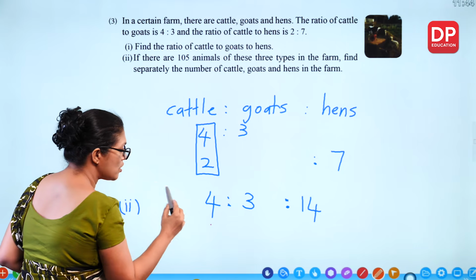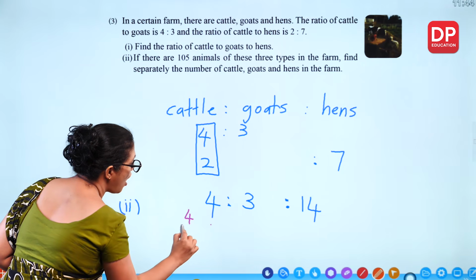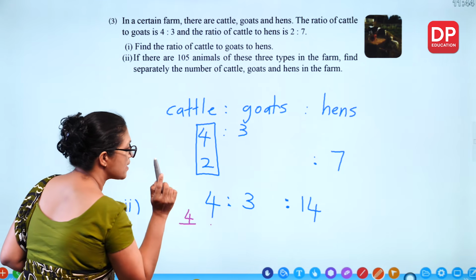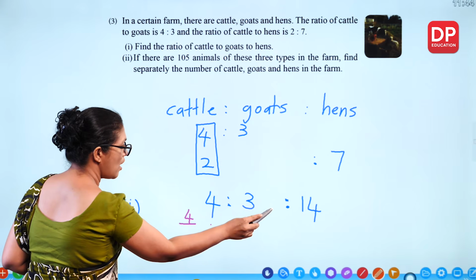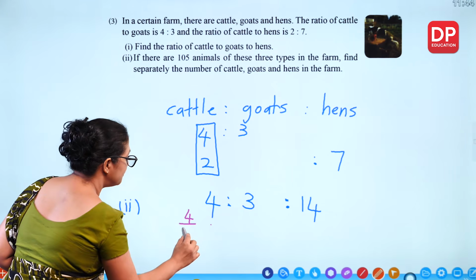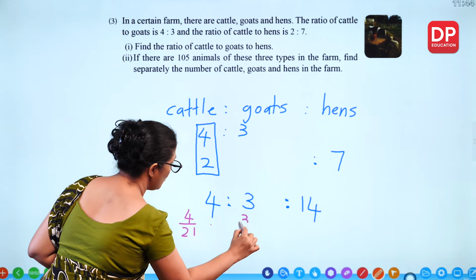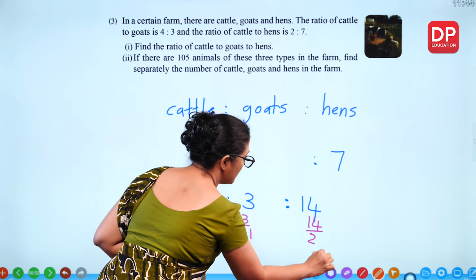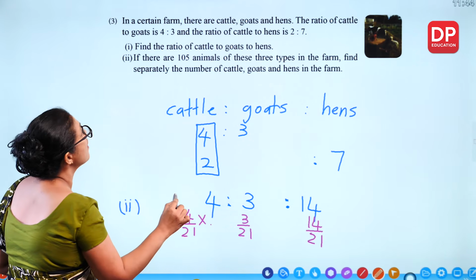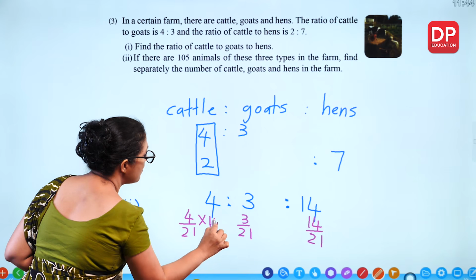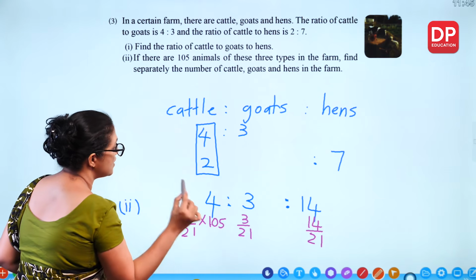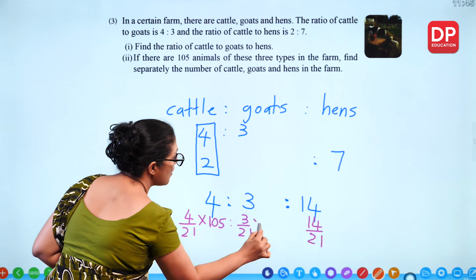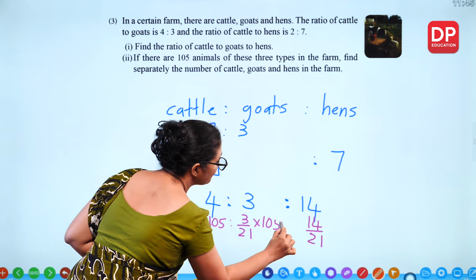Now as a fraction, this is 4 out of how many total parts? 21. This one, 3 over 21. This one, 14 over 21. Altogether, there are 105 animals. So multiply this by 105.